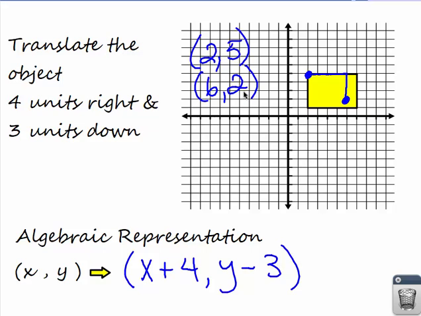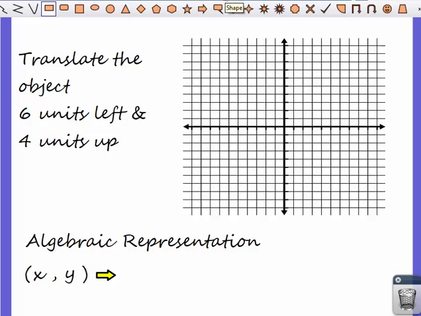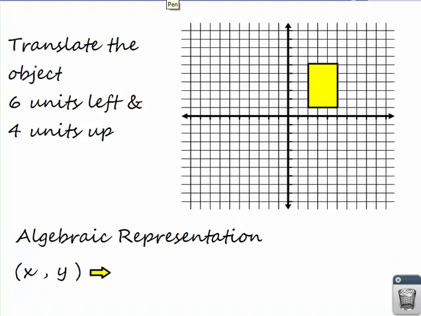Let's look at this one more time. Let's say I take another object. Let me do a new object here. This one's going to look very similar, still a rectangle, but it's a different shape. So let's look at another point, this point right here. I'm going to translate this entire object, but I only want to focus on that one point to find out what happens.